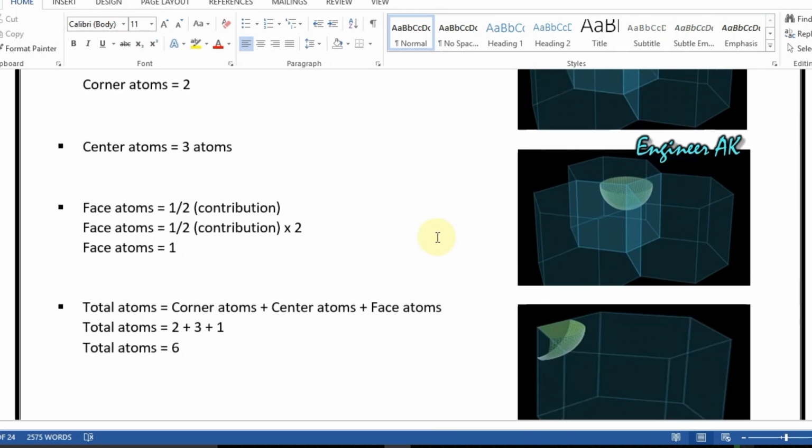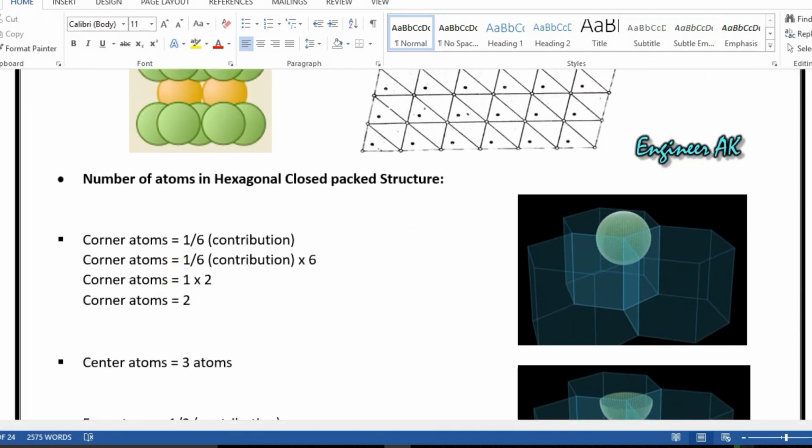So now if I talk about the corner atoms, 1 over 6 atom contribution, right? And there were 6 atoms, like if I take this one, 1 2 3 4 5 and 6, so if I cancel out these, it comes out to be 1, right?